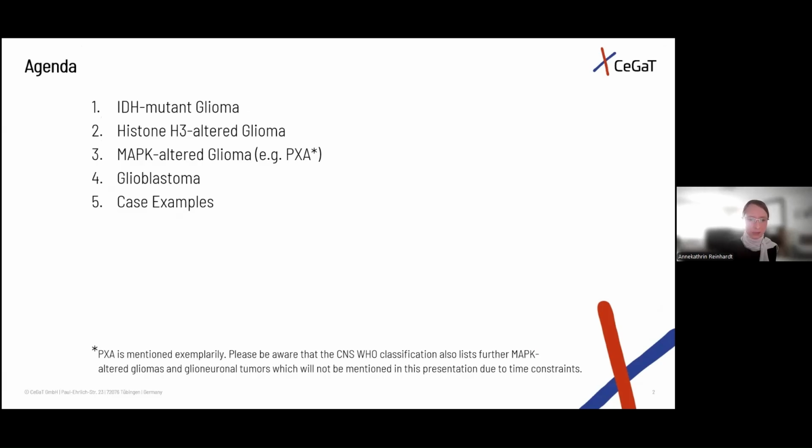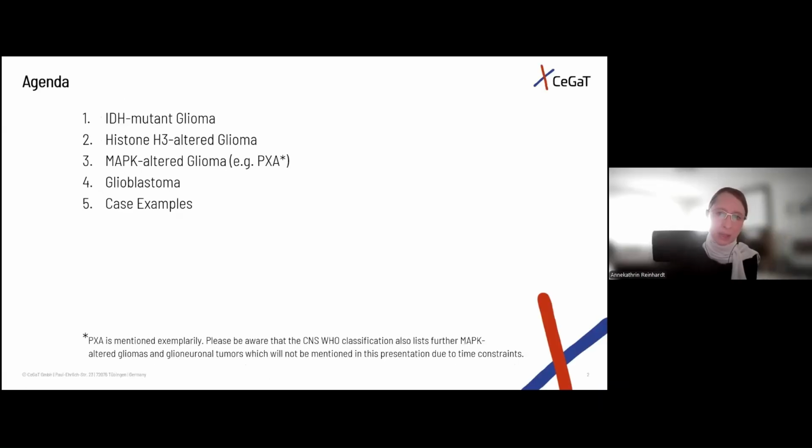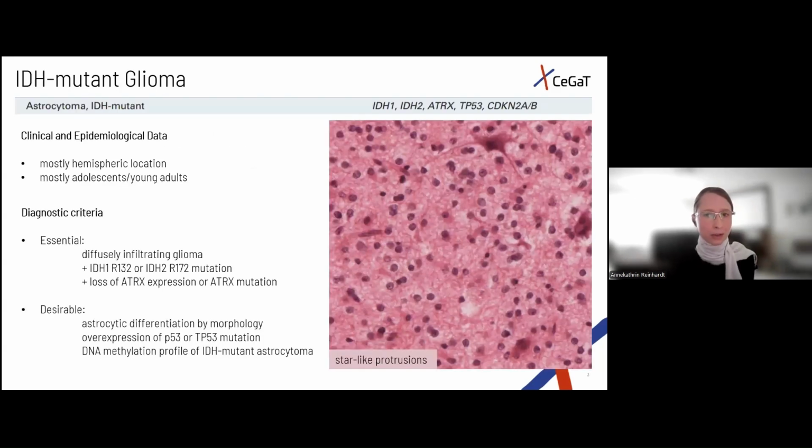There are different entities described in the WHO for these tumors, and I will exemplarily refer to pleomorphic xanthoastrocytoma, or PXA, because it's the most frequent one in that group, and it can easily be mixed up with glioblastoma. Then, of course, I will talk about glioblastoma, and if there is enough time, we can go through case examples. So first of all, let's start with IDH mutant gliomas.